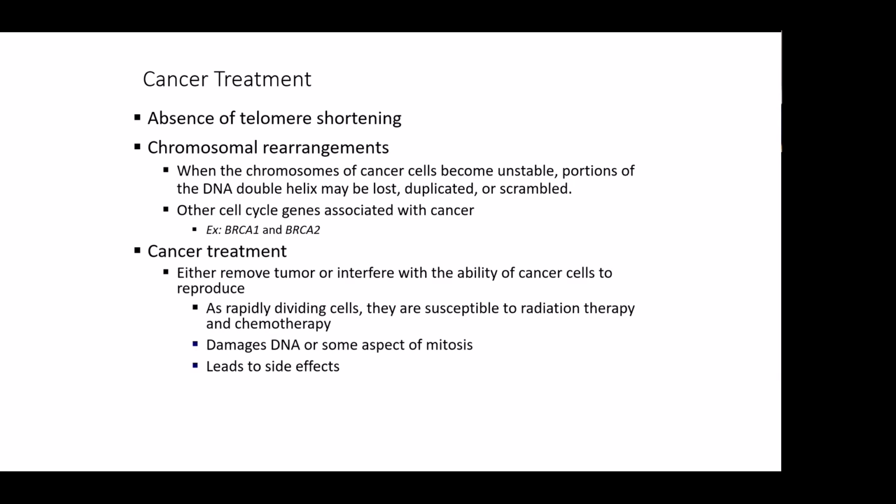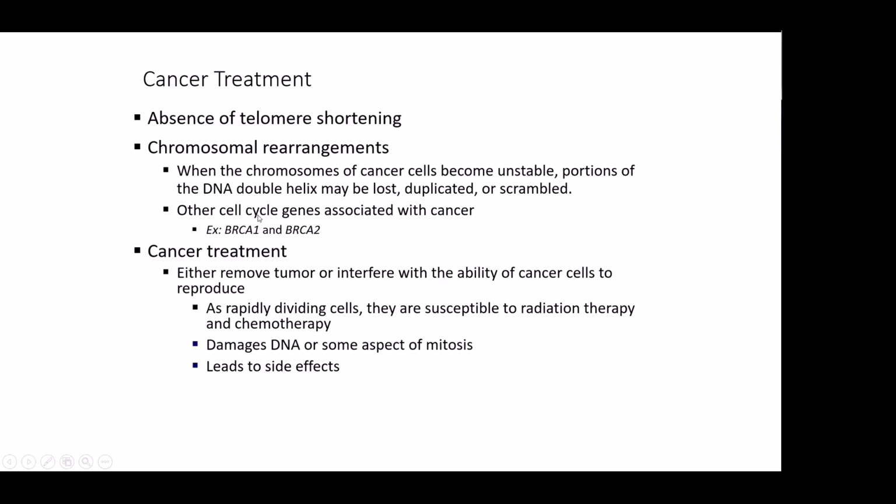But what's unique about cancer is that these telomeres don't actually shorten, and that is a very significant thing, because at some point when the telomere has become too short, the cell can no longer go through the cell cycle. So this perpetuates this cycle in yet another way.